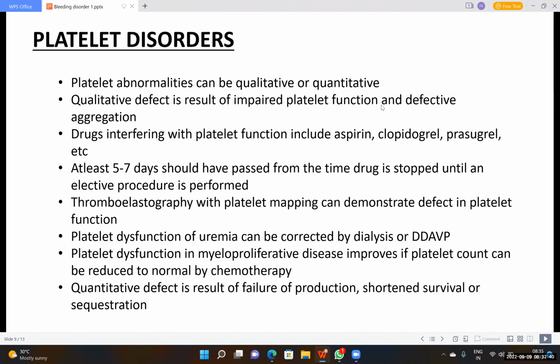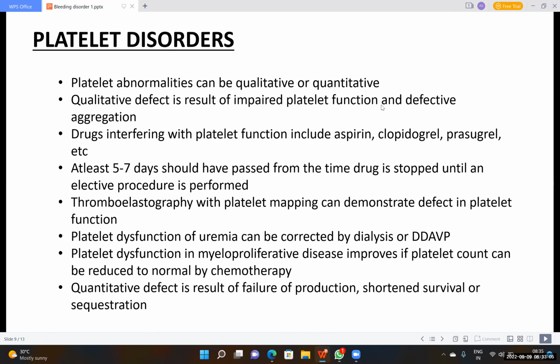Platelet abnormalities, which we saw earlier, can be qualitative or quantitative. A qualitative defect is the result of impaired platelet function and defective aggregation. Now, there are certain drugs which can interfere with platelet function, like aspirin, clopidogrel, prasugrel, etc. At least these drugs should be stopped 5 to 7 days before an elective procedure is performed.